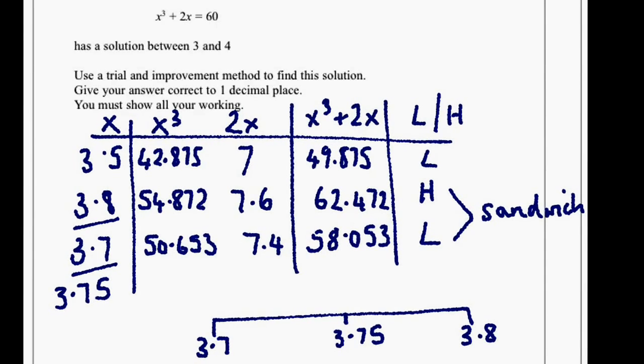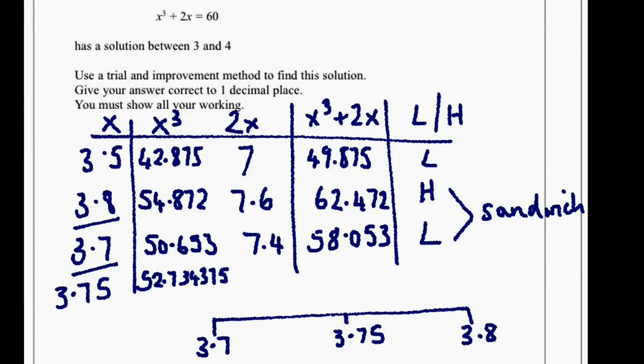So 3.75 cubed is, oh, it's a long one, 52.734375, and 3.75 times 2 is 7.5.